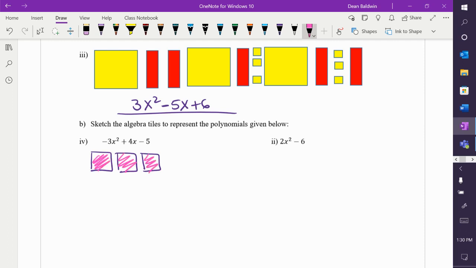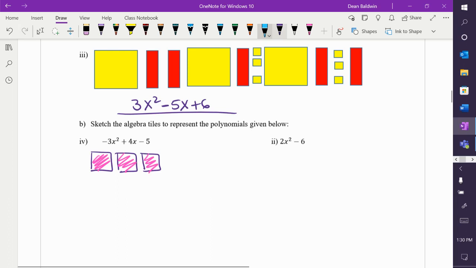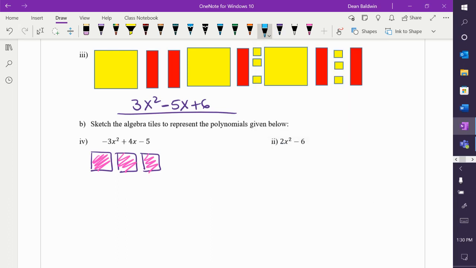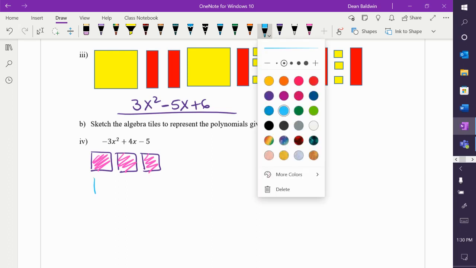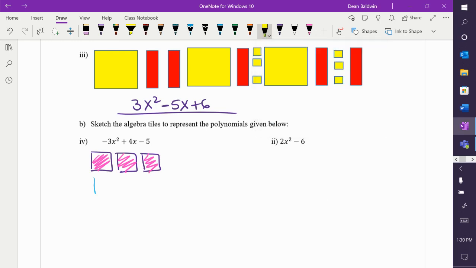Okay. Then I have 4x. I need a yellow. So then it's 4 rectangles. Ooh, that's hard on the eyes. Can you read that yellow?